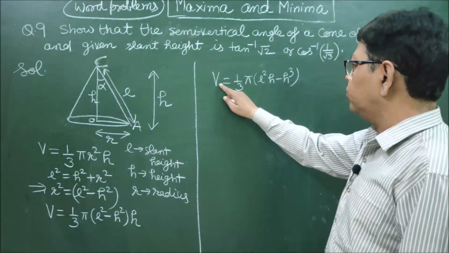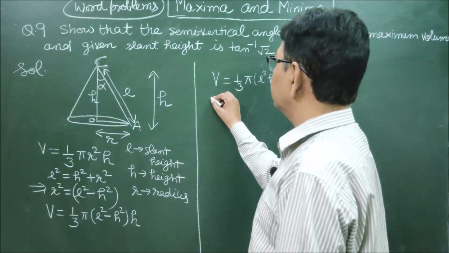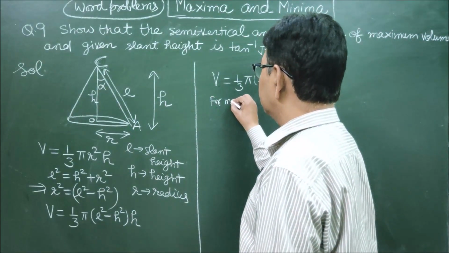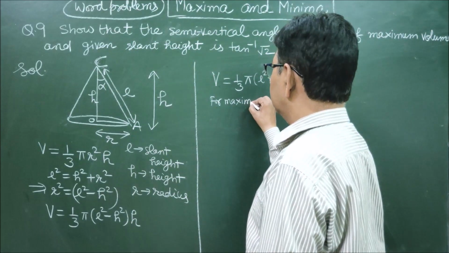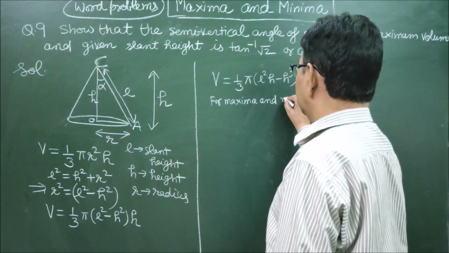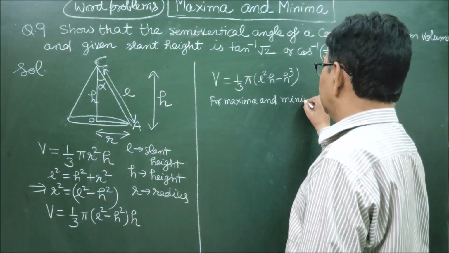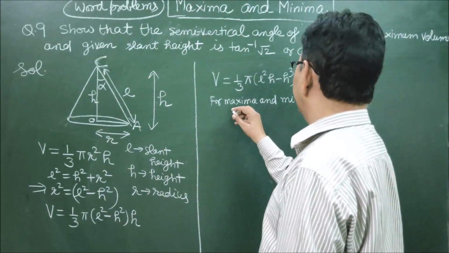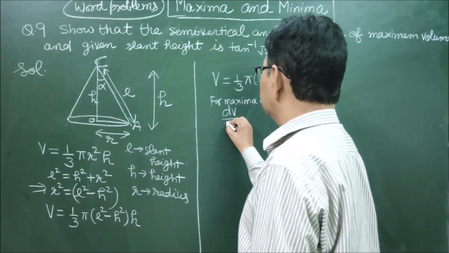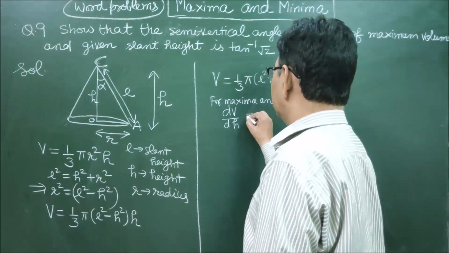Now this volume is a function of H only. So differentiate: for maxima or minima, we have dV over dH must be equal to 0.